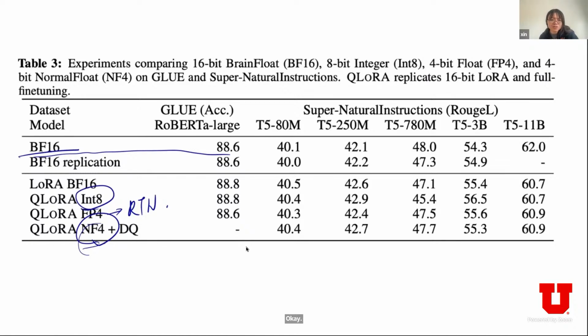So as we can see, parameter efficient fine tuning works well, but it still doesn't work as well as full parameter fine tuning. And on the other side, it requires additional parameters.